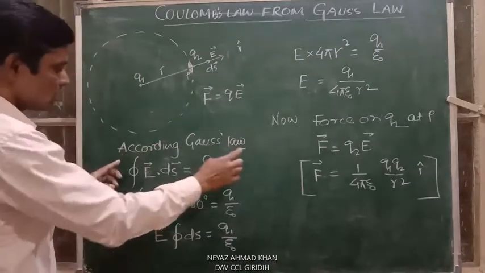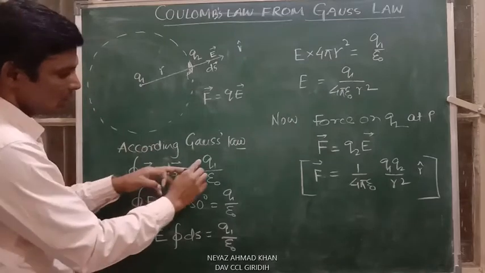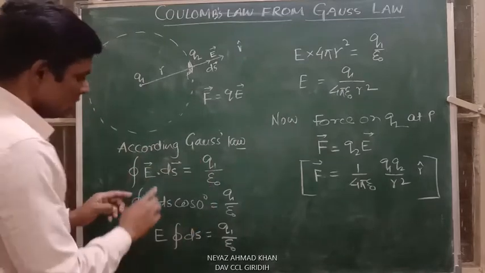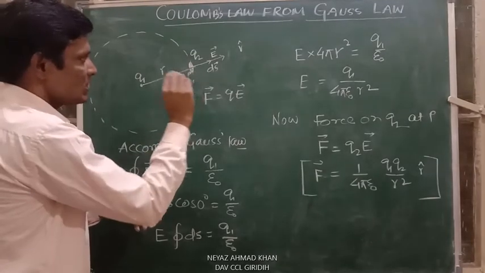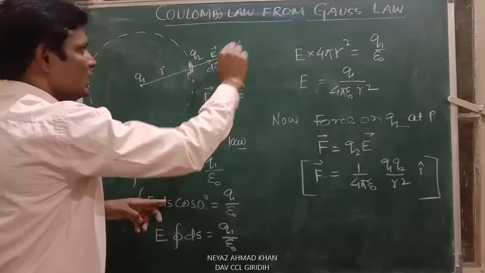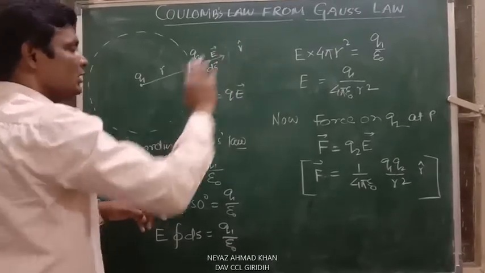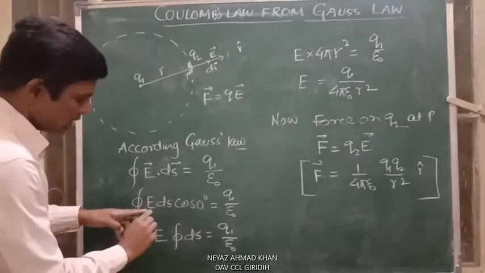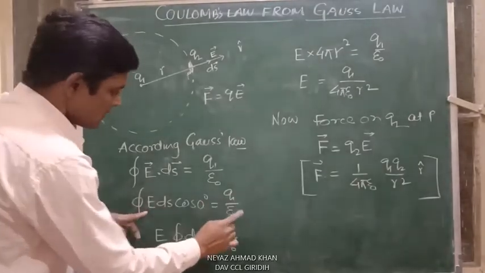According to Gauss law, the total electric flux coming out of this surface will be q1 by epsilon naught. In E dot ds, I have taken a small surface element ds along the radius of the sphere, and the electric field intensity E at this point will be again along the radius. So E ds cos 0 degree equals q1 by epsilon naught.